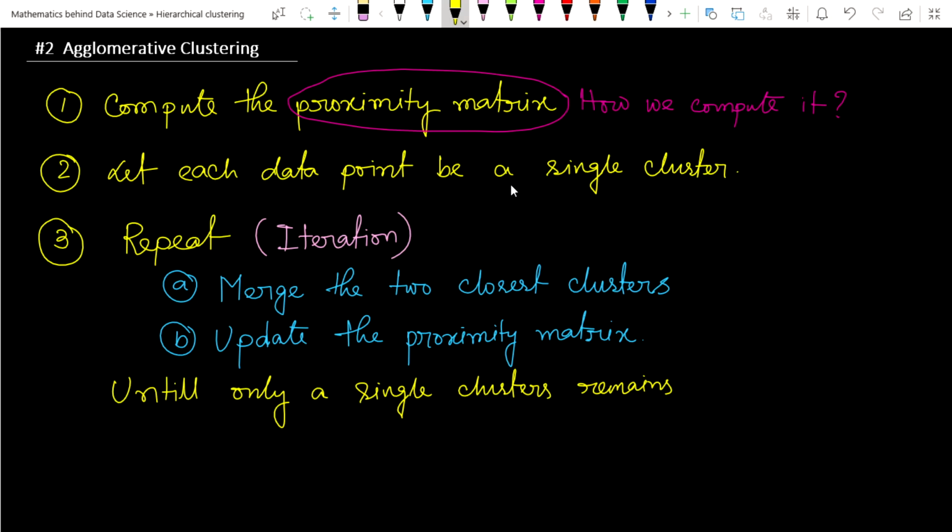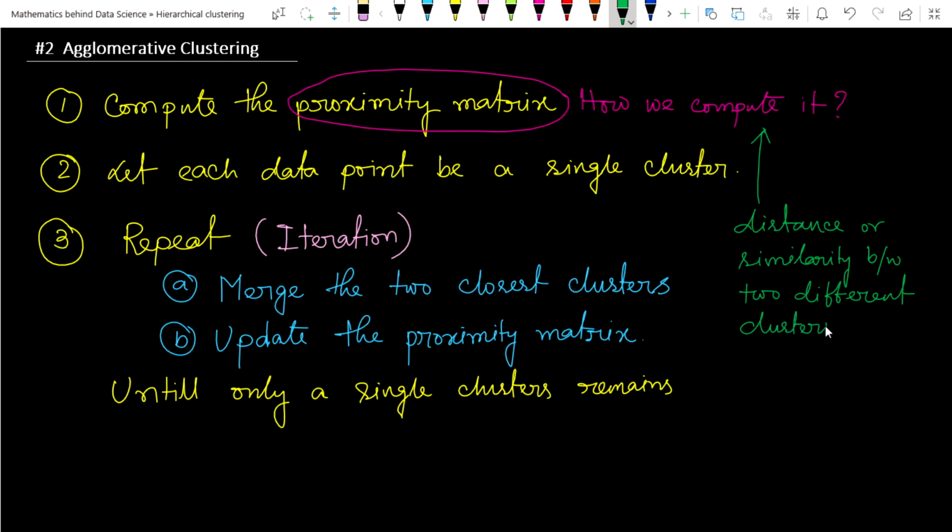The idea is that there are different approaches to defining the distance or similarity between two different clusters, and these make our proximity matrix.